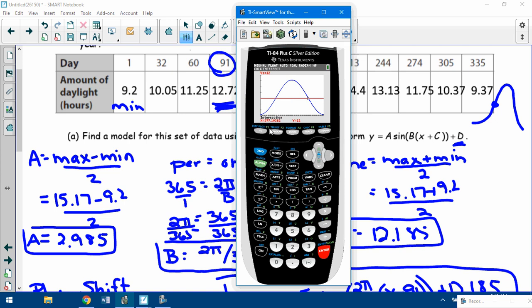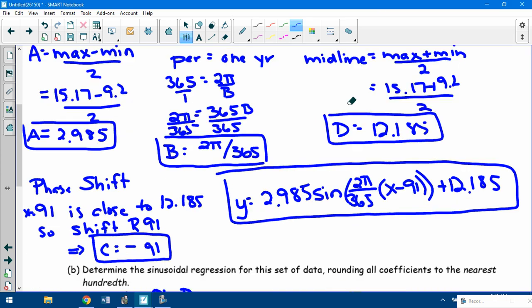So it's at day 277. And if I do second calc intersect again, this time arrowing all the way over to the left before I hit guess, hit enter, looks like 87. So it's from day 87 to 277.